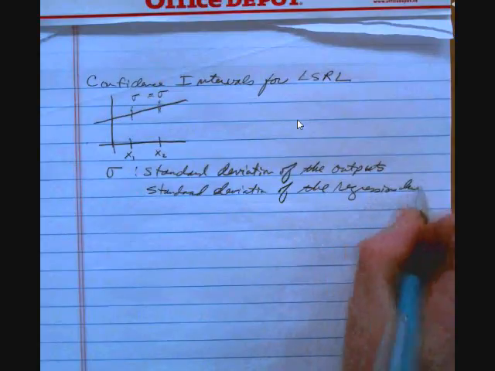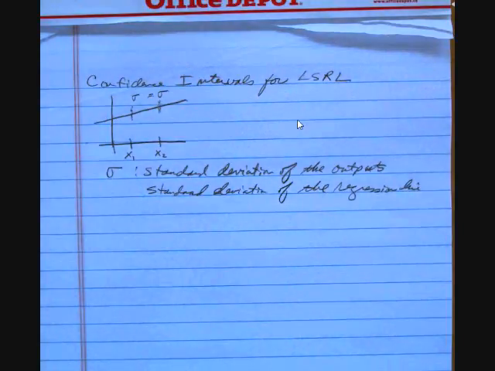And I like to call it the standard deviation of the outputs because it clues you into what we're really talking about. When I just say the regression line, it's like, okay, what do you mean the regression line? To me, it's a little more descriptive to say the output.